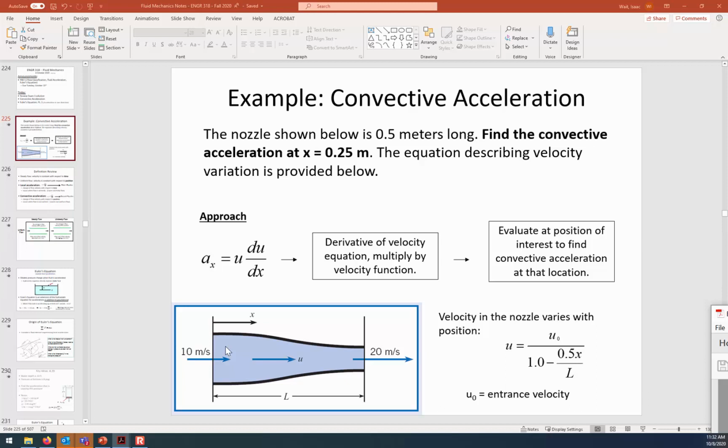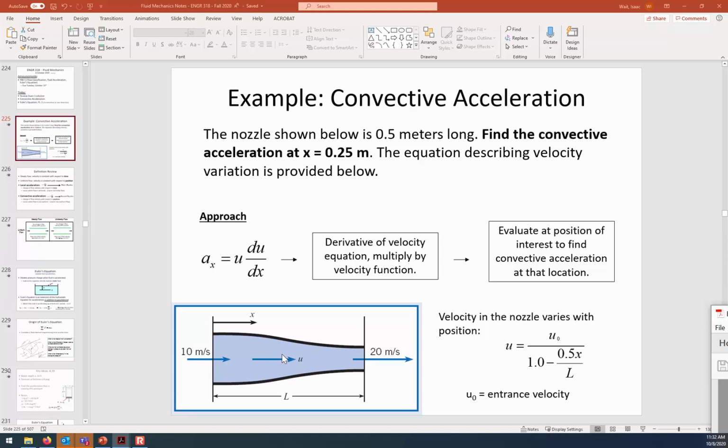The acceleration is the highest when the pipe walls are converging at the fastest rate. And so just visually, it looks like the pipe walls are relatively parallel here. So there isn't going to be much acceleration at the beginning or at the end, but it's where the pipe wall is converging the most that the acceleration occurs.